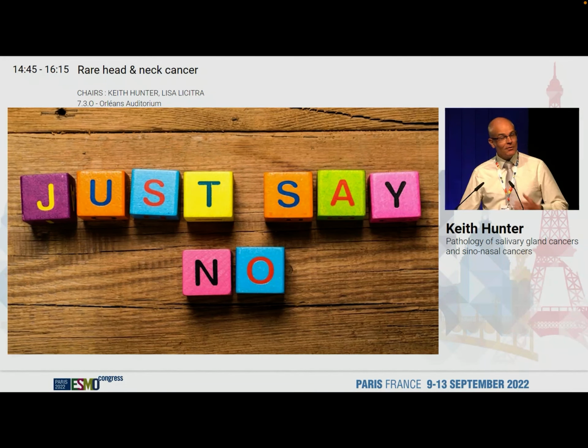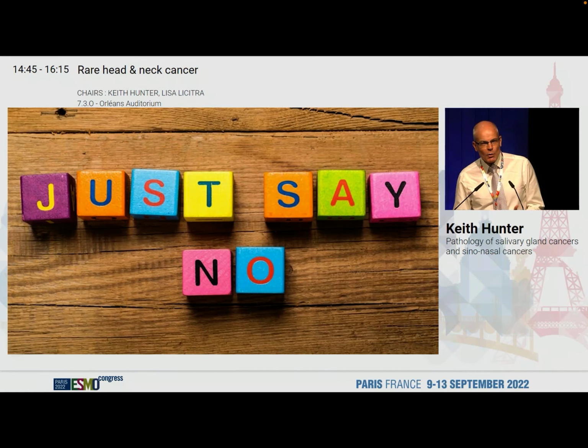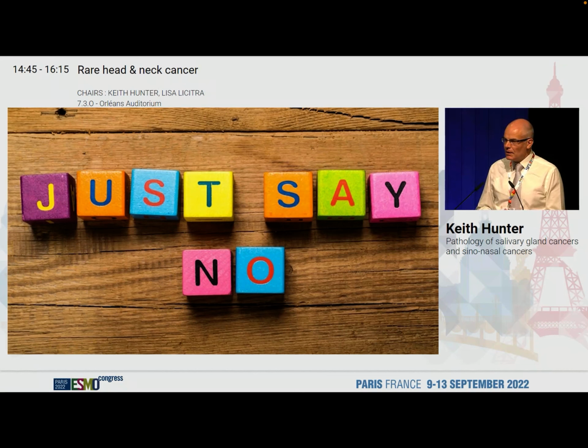I can pretty robustly tell you whether something is a Warthin tumour, but that's not an awful lot of use to you. Can we define various entities in the malignant categorization? That is very, very difficult to do on a fine needle aspirate cytology. But of course, there's been some very interesting work which was shown at the European Congress of Pathology last weekend, showing what we can do in terms of molecular analysis on the cell blocks from fine needle aspirates.